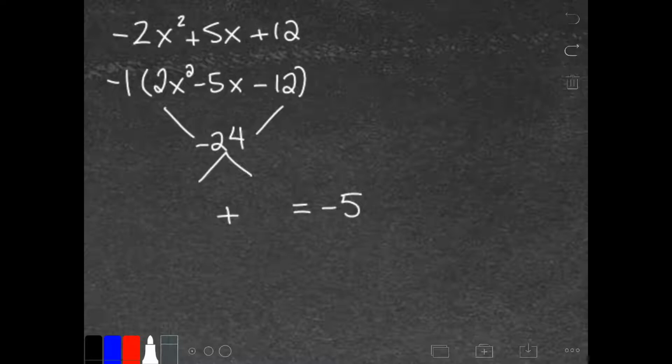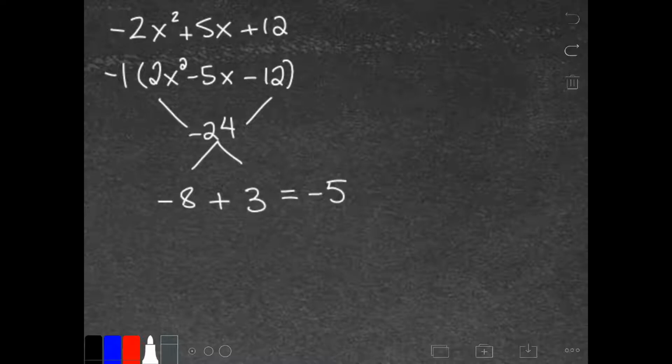Well, this is a negative number I'm trying to have as my sum, so I'm going to have the bigger of the two factors be negative. The smaller will be positive. And in this case, how about negative 8 and positive 3? Negative 8 times 3 is negative 24. Negative 8 plus 3 is negative 5.